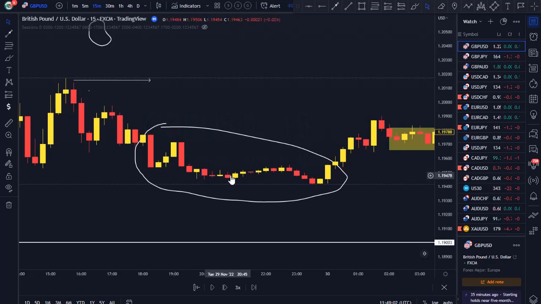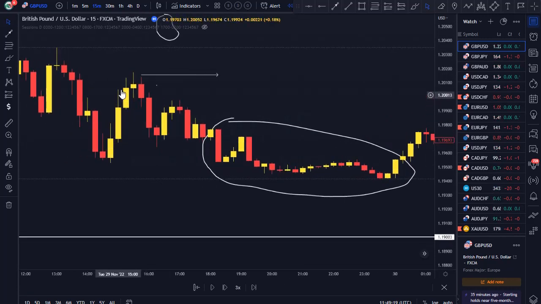No strong bullish candle, no strong bearish candle. This is trying to tell you that you need to stay calm. If you are in trade, you need to start taking profit, because there's a tendency that the bulls might push back up, because from the start the bulls have always showed interest in this price around here, and the bears kept on pushing because probably they still had enough strength to push.